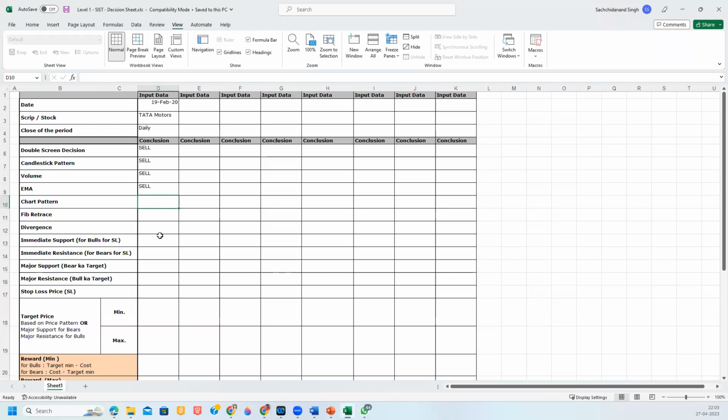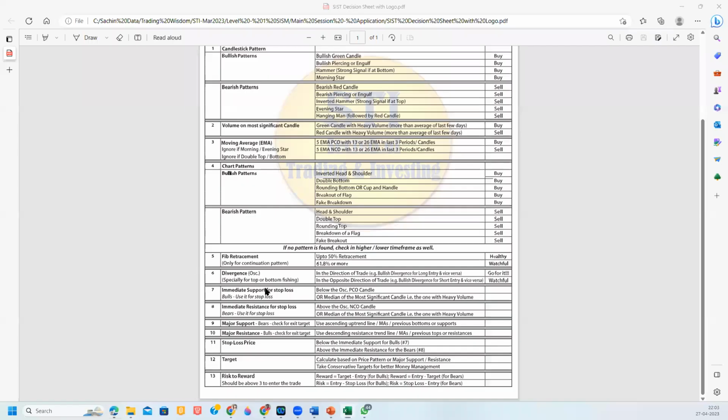Now the next important point is the chart pattern. There are certain decisions we learned, depending on the chart: some bullish chart patterns and some bearish chart patterns. For example, these are the bullish chart patterns: inverted head and shoulder, double bottom, rounding bottom, cup and handle, or breakout of the flag.